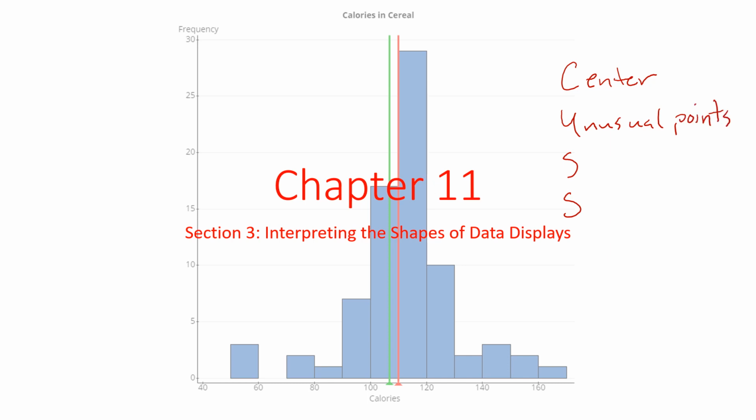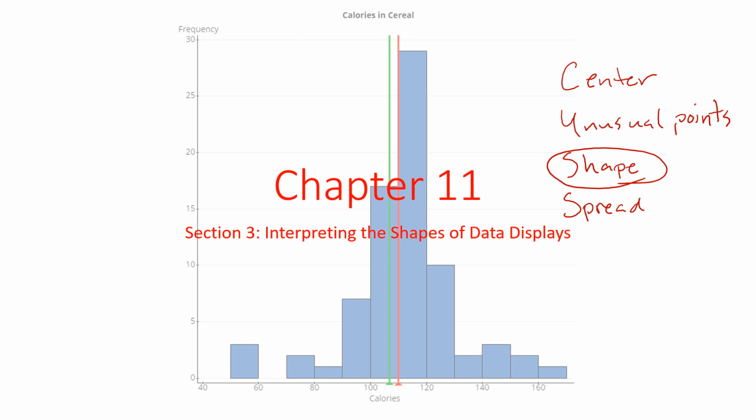We've already talked about these things. The shape, which is what we'll talk about today, and then the spread, which would be the deviation, the mean absolute deviation, that MAD that we were looking at last time, and also the standard deviation that we'll be looking at next time. So right now, we are looking at this part of it.